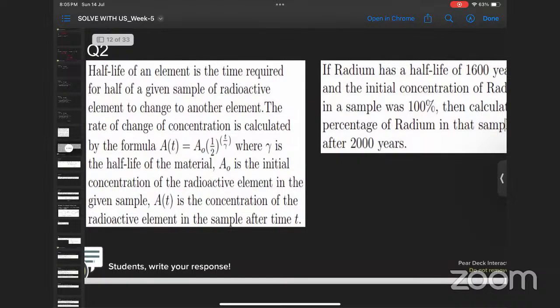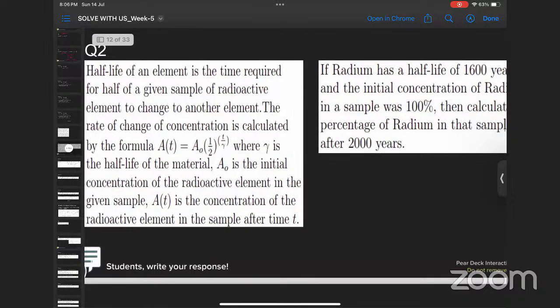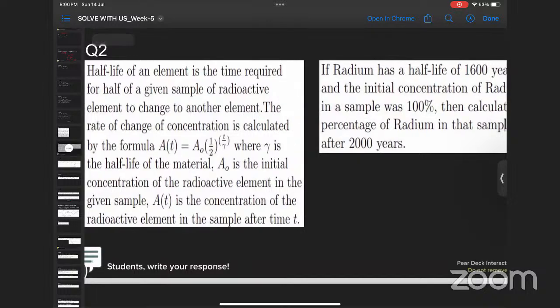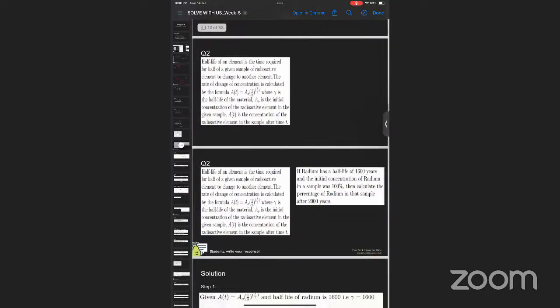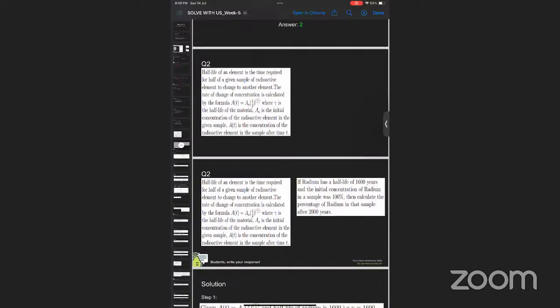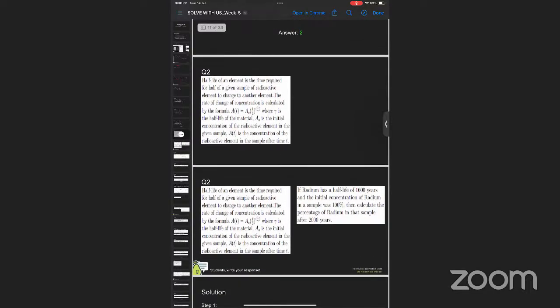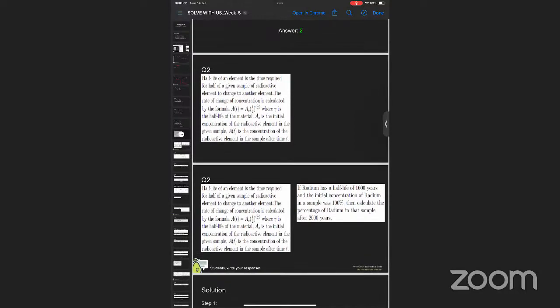Is the whole question visible? No, ma'am. Let us write the equation first. A little is not visible, ma'am. Now it is visible, yes. So this is our question.